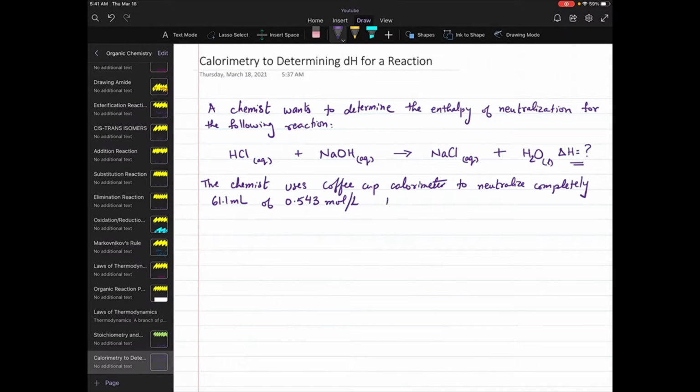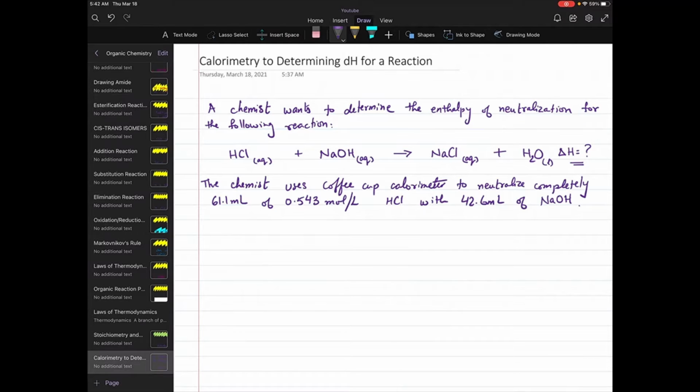And then it says HCl, so this is the information about HCl. And this is reacting with 42.6 mL. Again, it says mL, which means it is a volume of NaOH. Okay, and so that is the information given there.